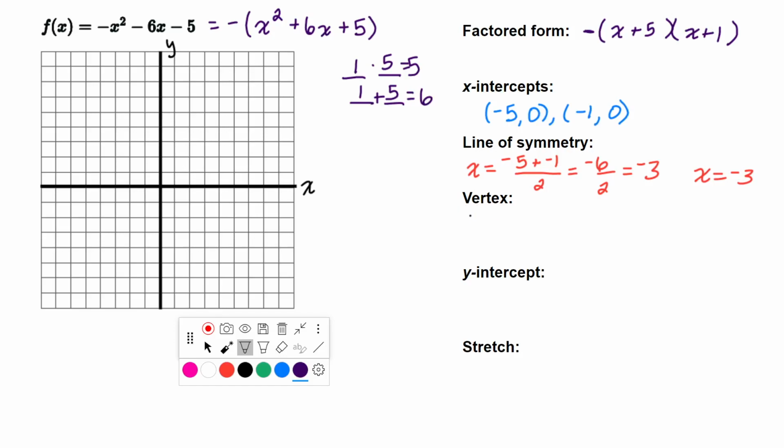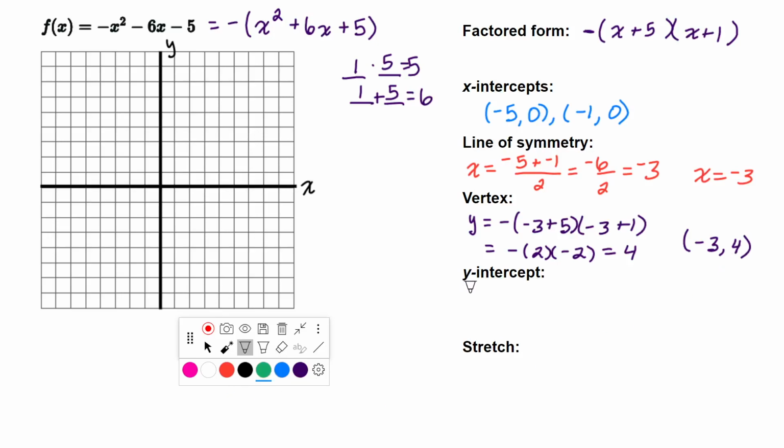So we have y equals -3 plus 5 times -3 plus 1. So that's a -2 times -2 for a y value on our vertex of 4. So the vertex is at -3, 4.